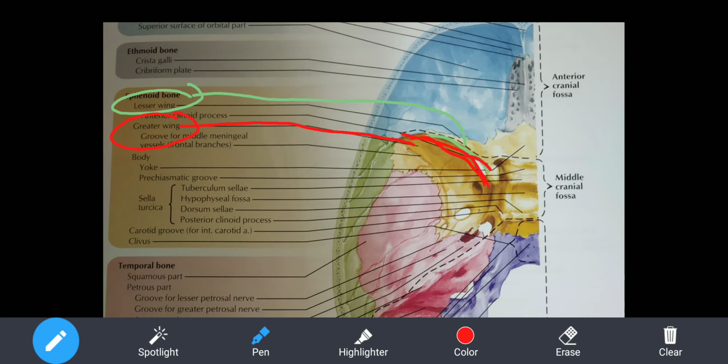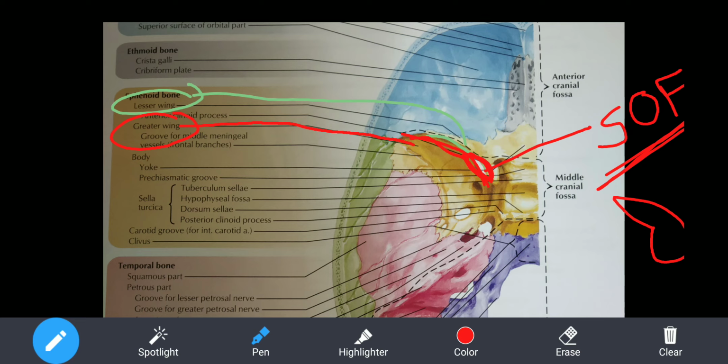Between these two wings, lesser and greater, there is a hole. You can see this white part. Actually, there is another diagram for this. This is the superior orbital fissure. It is like this in shape.